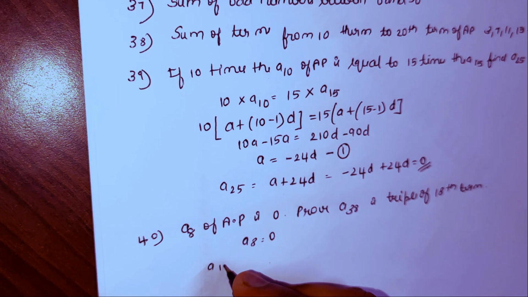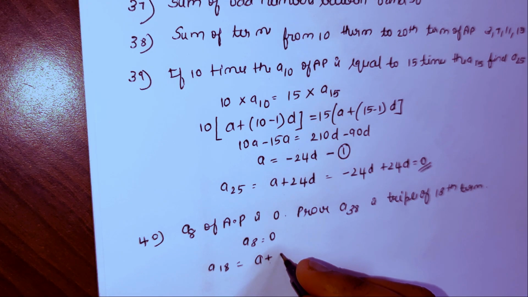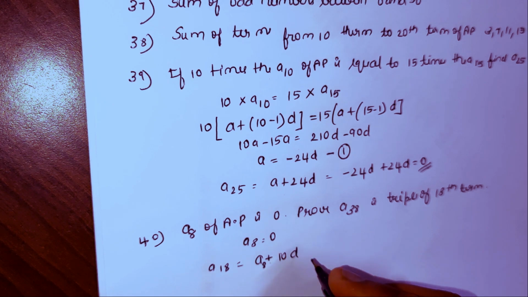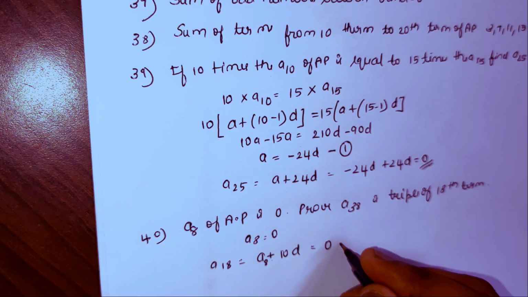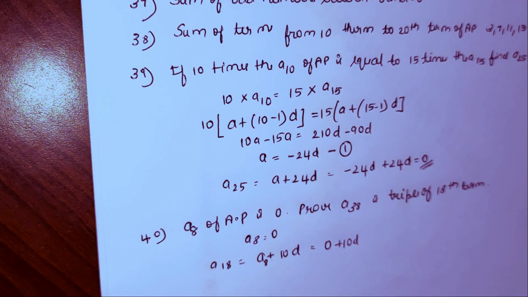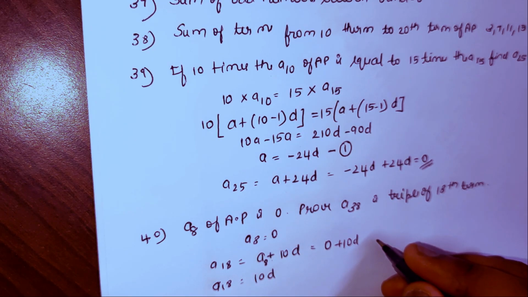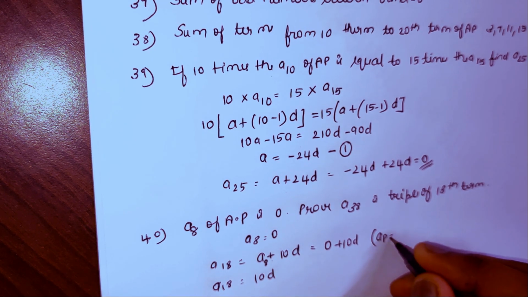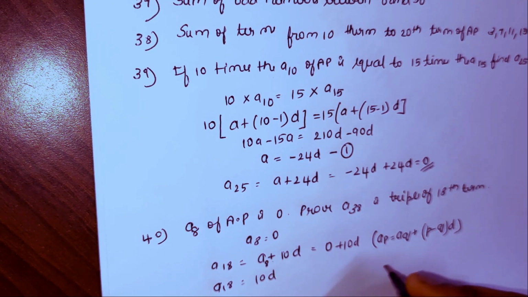We know A18 is equal to A8 plus 10d. We know A8 is equal to 0, so A18 is equal to 10d. This is by the formula AP is equal to AQ plus (P minus Q) into d.